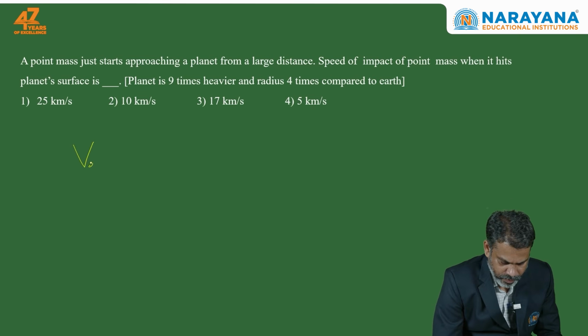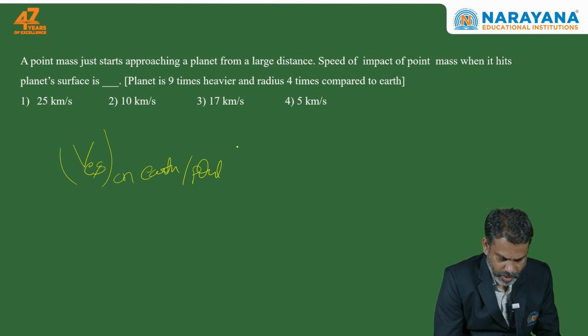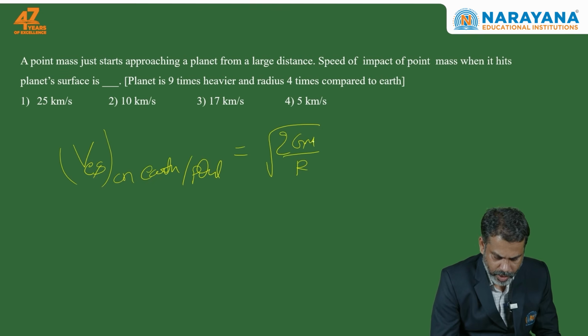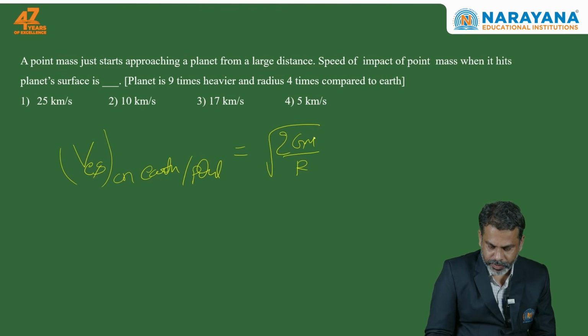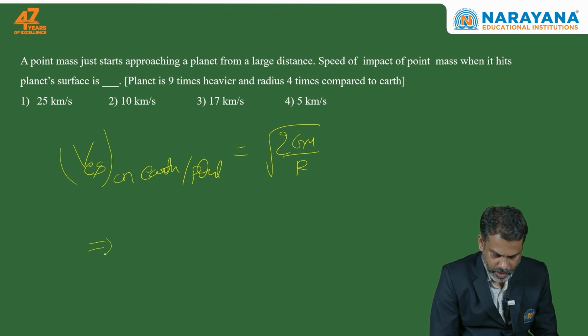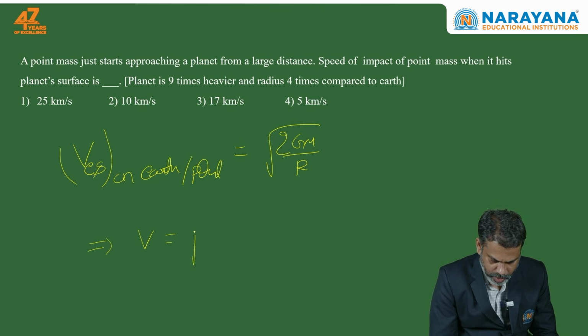And recall the escape velocity on Earth or any planet, which is under root 2GM by R, where M is the mass of the planet and R is the radius of the planet. So given that, v is equal to under root 2G times the mass of the planet, which is 9 times the mass of Earth, by the radius of the planet, which is 4 times the radius of Earth.